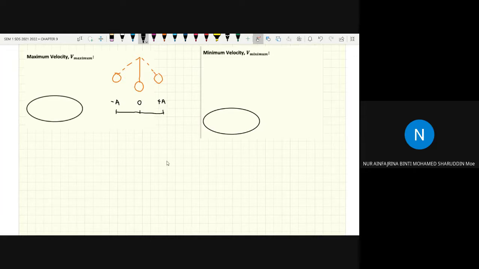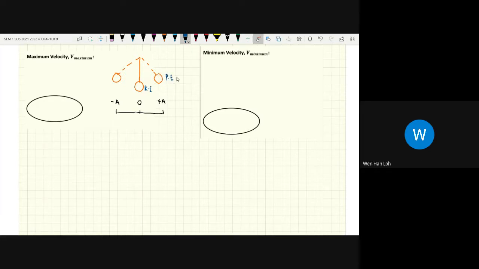So my question is, Miss wants to ask you, at equilibrium, what energy does it have? At equilibrium. Kinetic. Yes, it will only have kinetic energy. Okay, very good. Now here, what energy does it have?